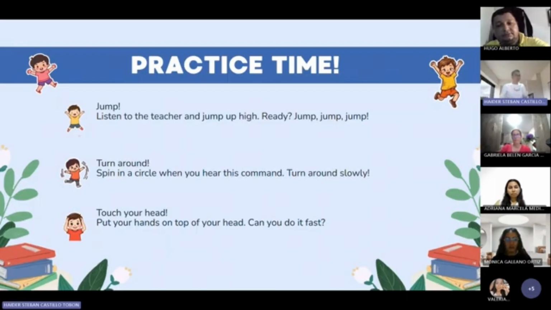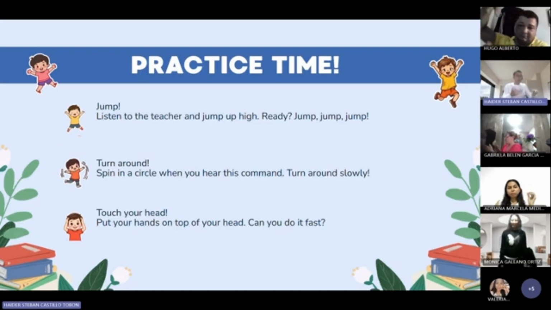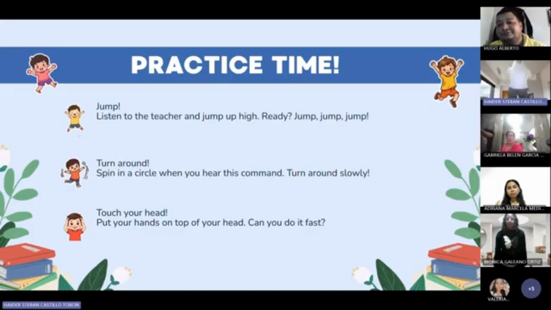If you can't jump, you can simulate the action with your hands. But if you can make the action, please stand up and try the options and jump. Okay? Only if you can do the action.